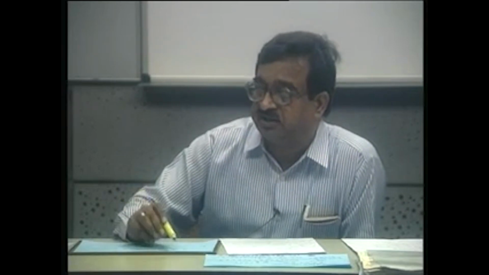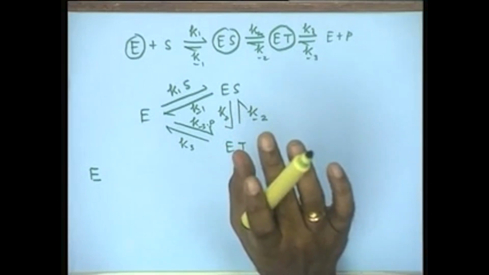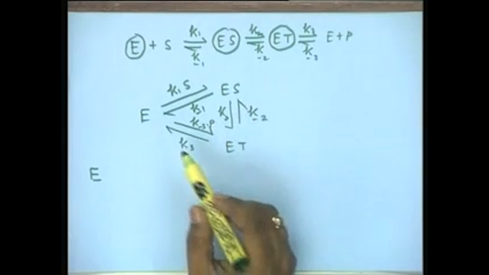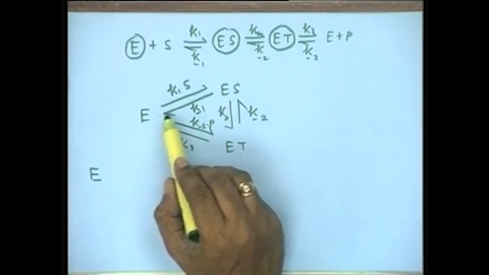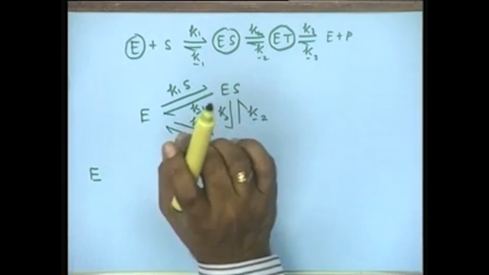For example, here the enzyme species are 3, so we will take all patterns that have only 2 steps and nothing else. And the second thing is that only those patterns which end up in the synthesis of that species will be considered, not the patterns that lead to the breakdown or go away from that species.